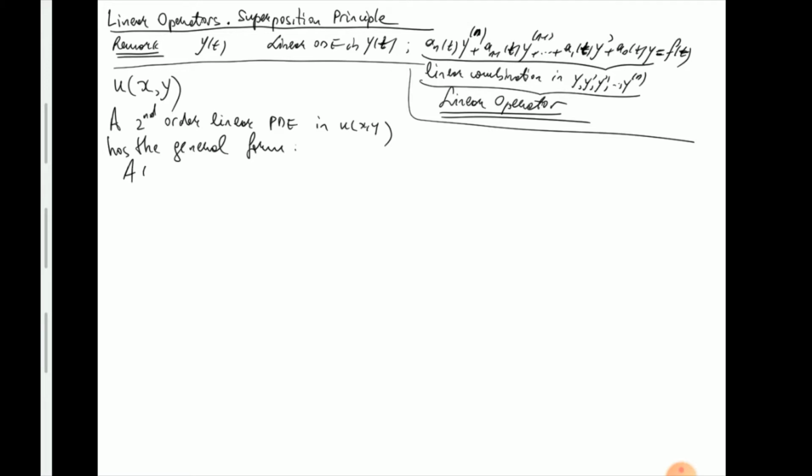some constant a times u partial x twice, plus b times u partial xy, the mixed derivative here, plus c times u partial y twice, then possible terms that depend on a single partial derivative, so d times u partial x plus some other constant e times u partial y, plus maybe some constant f multiplied by u itself, equals some constant g.